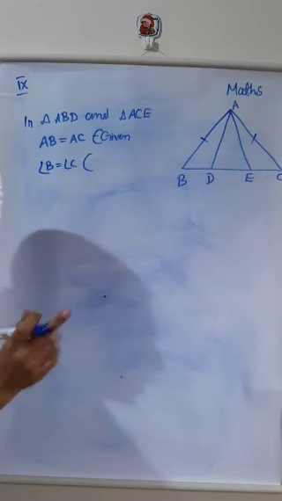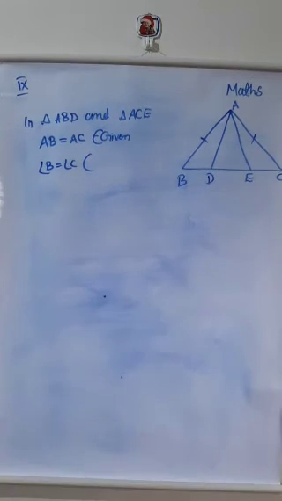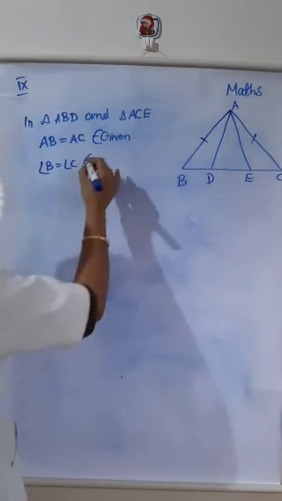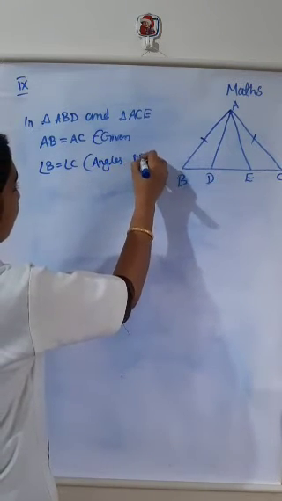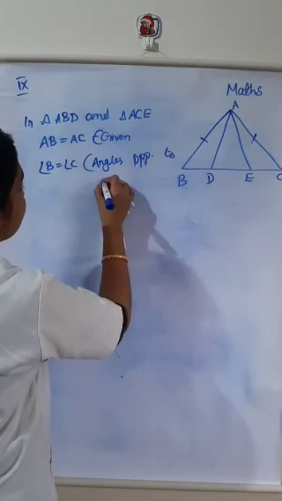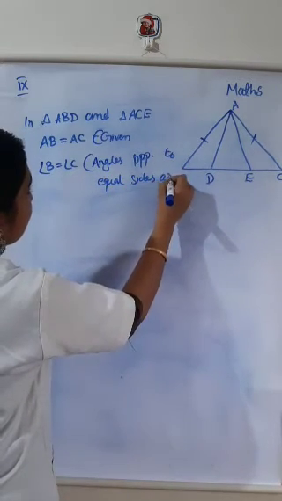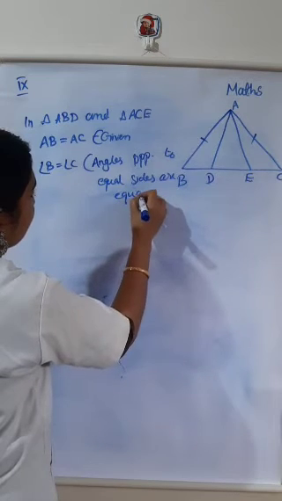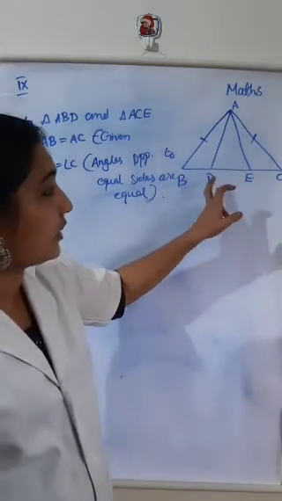Theorem 7.2: angles opposite to equal sides are equal.